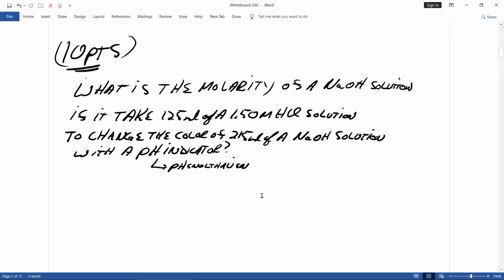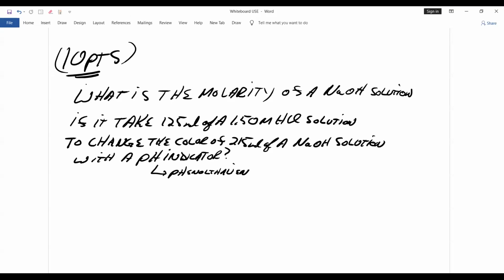So how do you do this? Well, good question. The first step: what are we being asked to find? Molarity of NaOH. What are we given? 125 milliliters of a 1.50 molar HCl solution. We're also given 215 milliliters of NaOH.